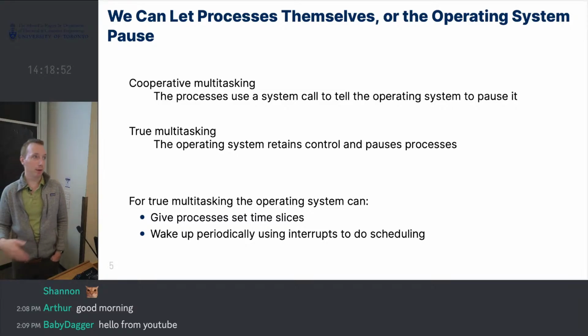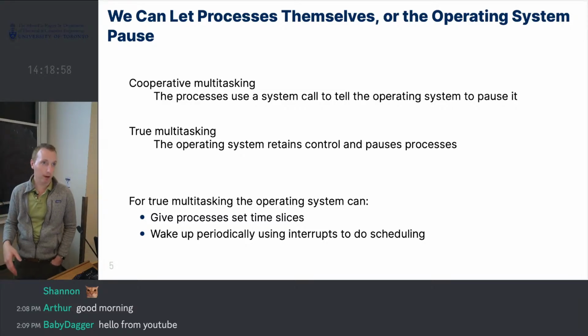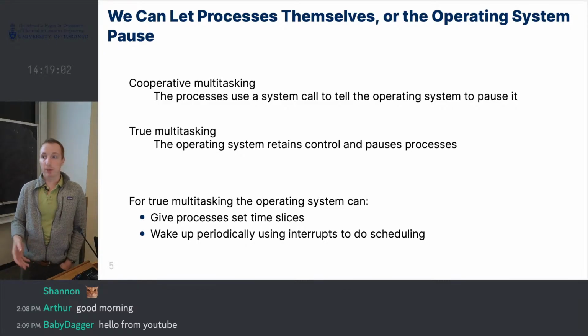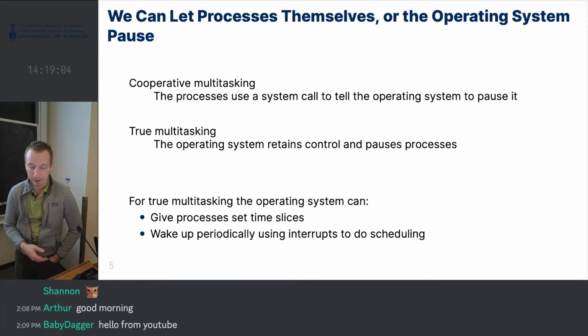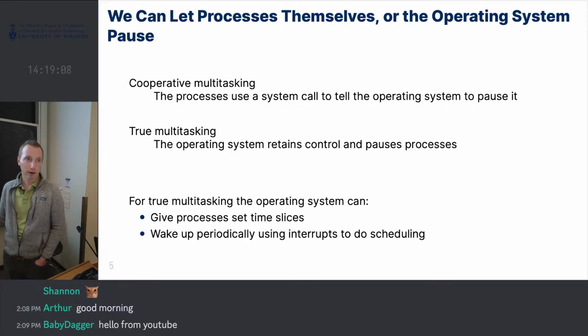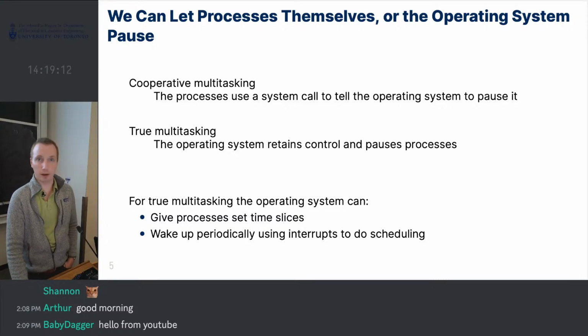Your CPUs, you can program in timer interrupts. So before you start running a program, you can have your operating system tell the CPU to generate a timer interrupt after some given amount of time, and then your kernel would get that interrupt, and it can go ahead and pause the running process, switch it out, and do whatever it needs to do.